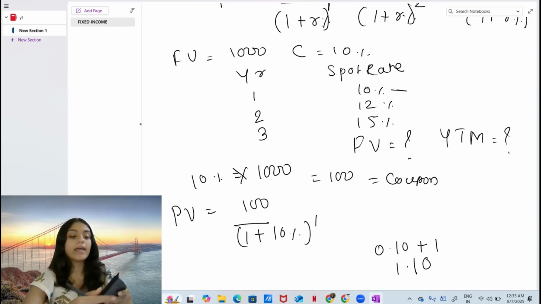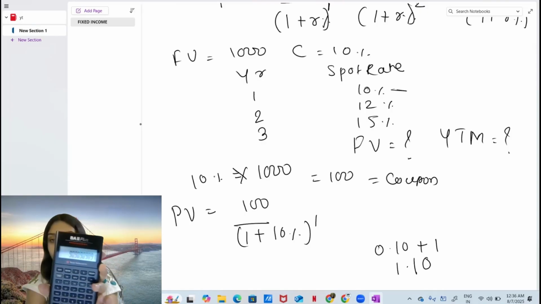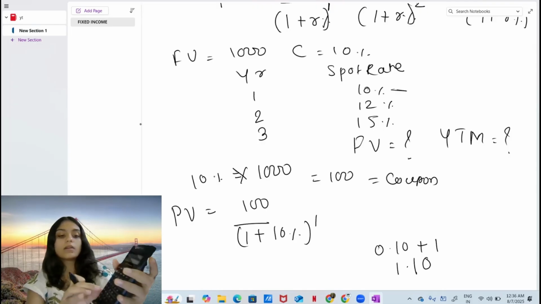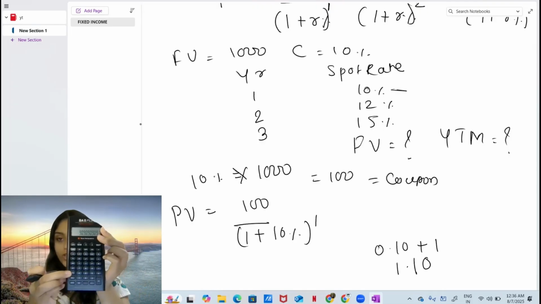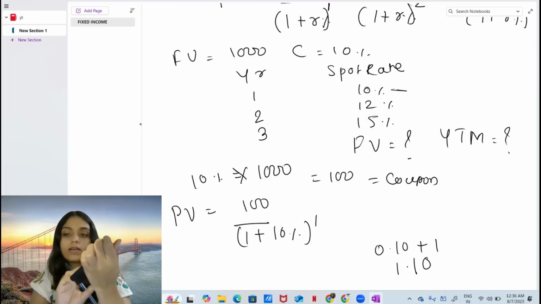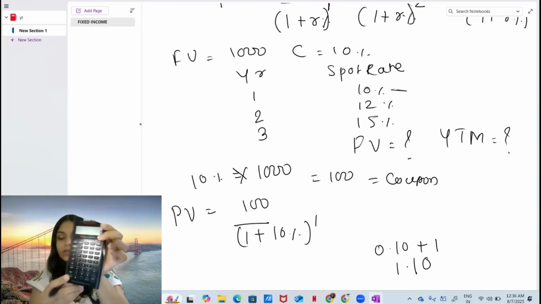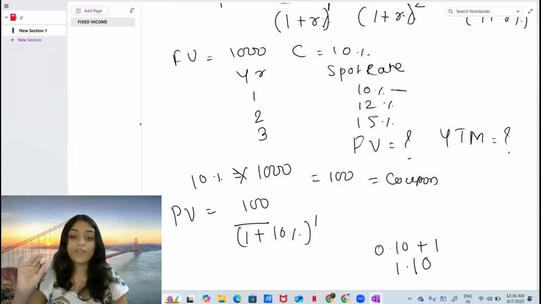So divided by 1.10, whatever that is, it is 90.9090 something. Hit storage and 1. Okay, then clear work. This is for the first year, but we have 2 more years forward, correct?